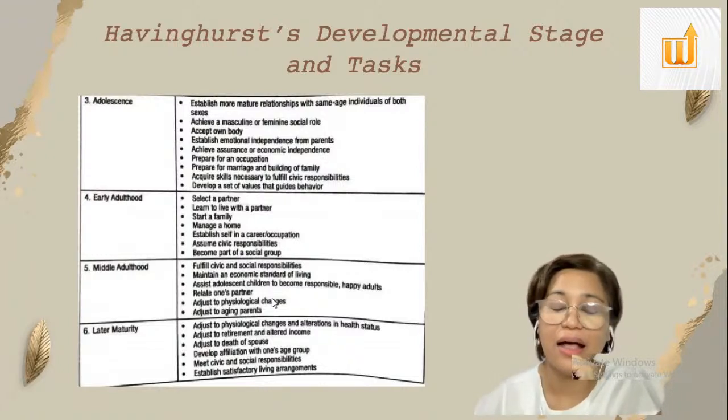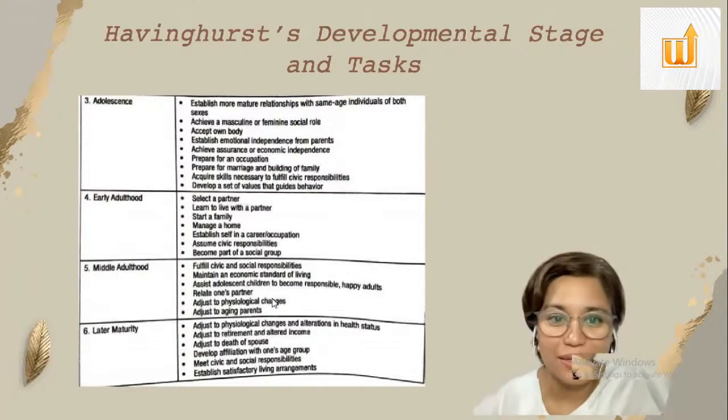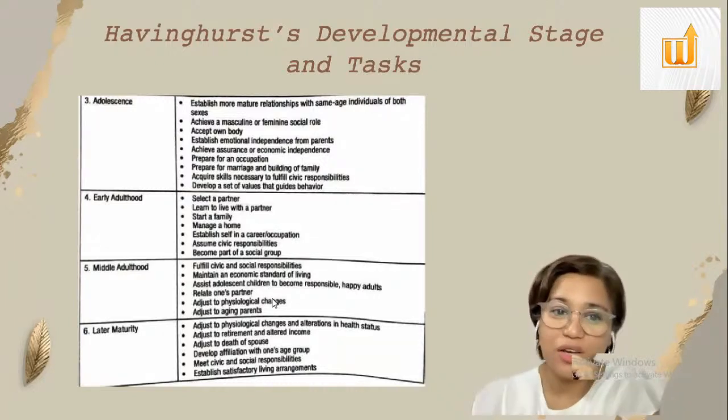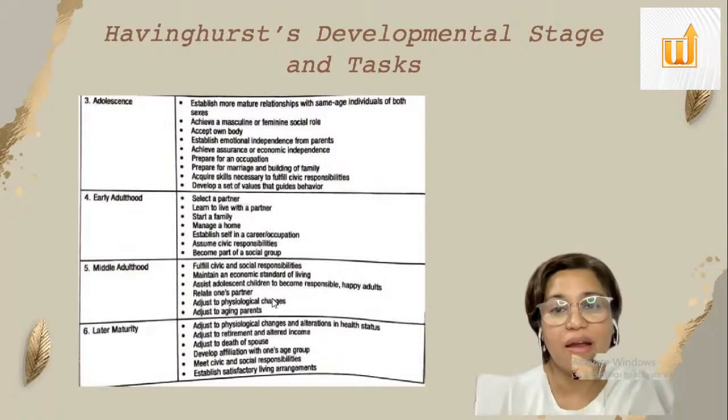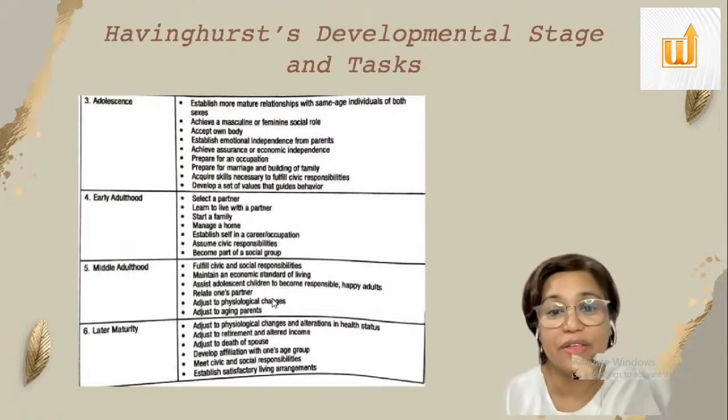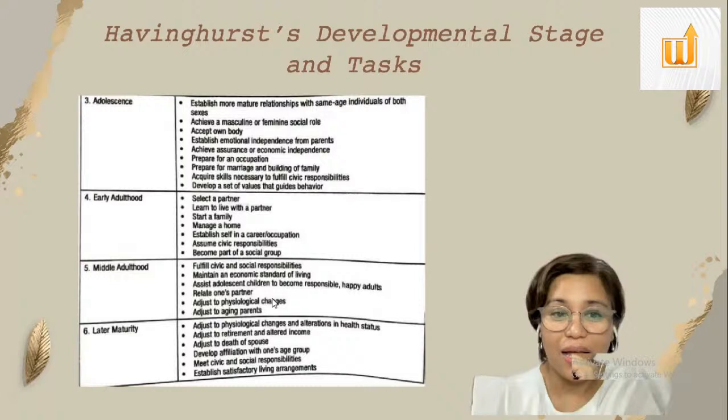They will learn how they will become independent economically, prepare for an occupation or career, prepare for marriage and building of a family, acquire the skills to fulfill civic responsibilities, and develop a set of values that will guide their behavior.